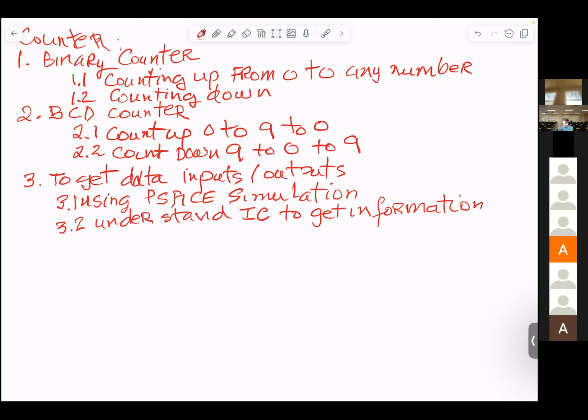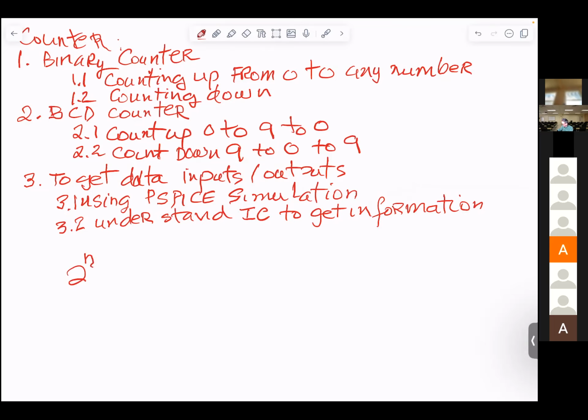Remember, it doesn't include 16, it only goes up to 15. If you're going from 0 to 15, you need 4. Perfect. You're using the formula 2 to the power of n.